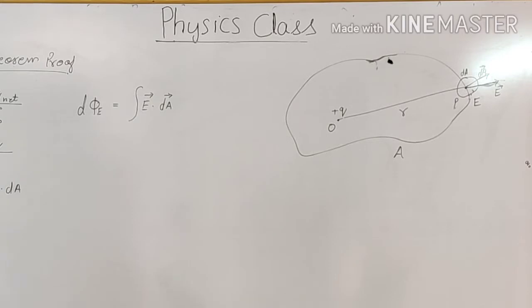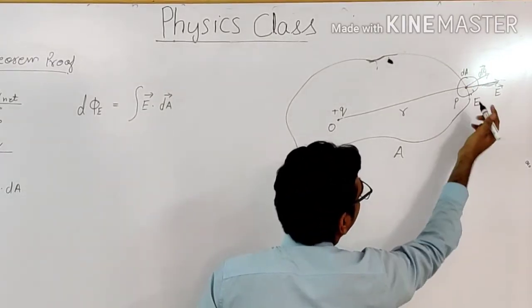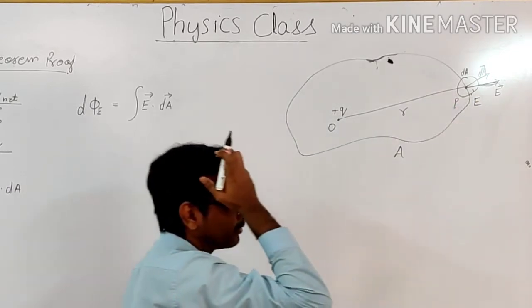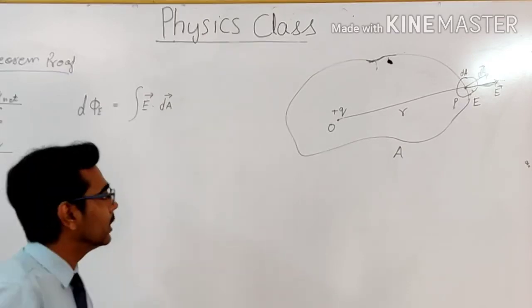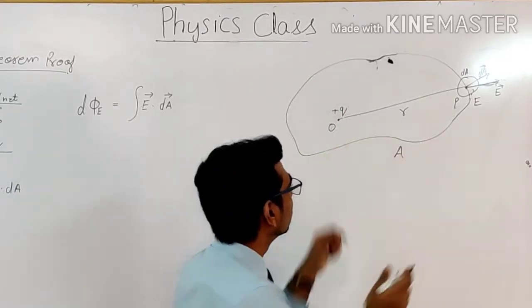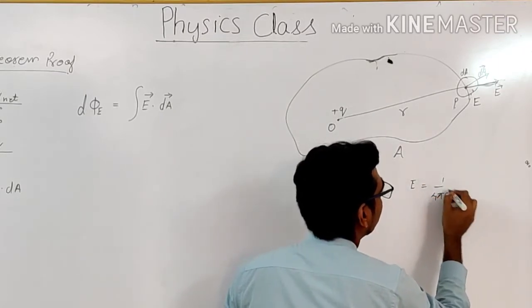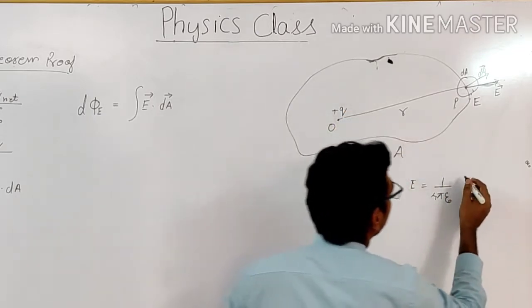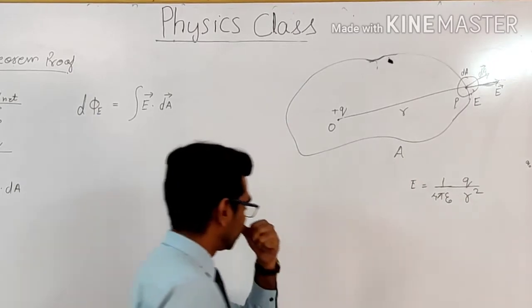So what is the electric field at this point P, from O to P? The electric field magnitude will be 1 upon 4 pi epsilon naught, and which charge is creating this? This charge Q. So it will be Q upon R square.